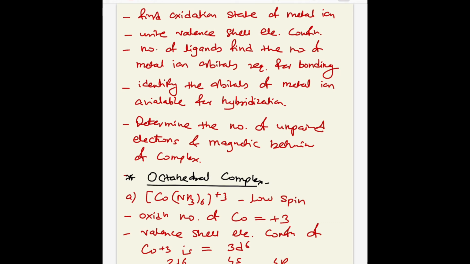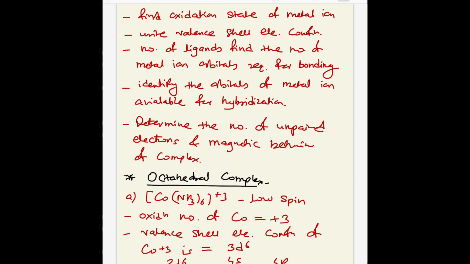According to Pauli's exclusion principle and Hund's rule, electrons first fill singly and then pair up. So there are 4 unpaired electrons in that complex, but the number of ligands in that complex is 6, so 6 vacant orbitals are required for bonding with the ammine ligands, and this complex is a low spin complex.